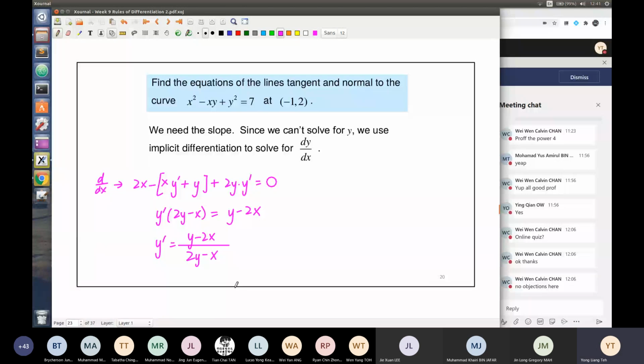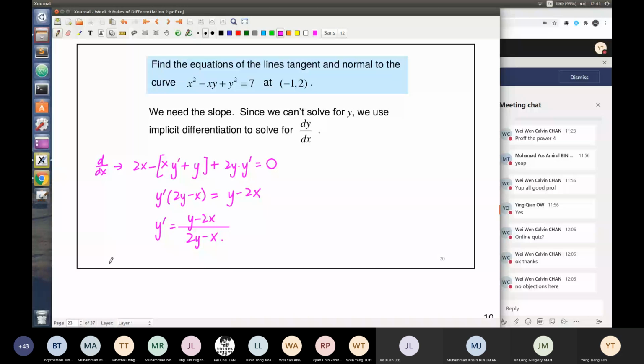Hence we need the gradient of the tangent as well as the gradient of the normal, which is no big deal because we know the point (-1, 2). So I have my m of the tangent, the gradient of the tangent. Substitute (-1, 2) into y prime, because y prime is a function of y and x.